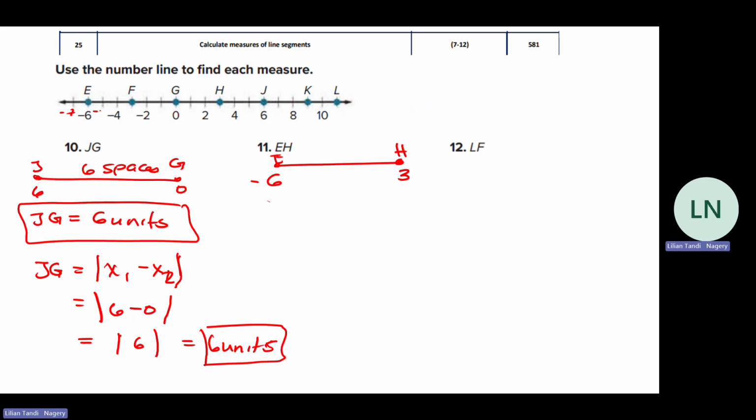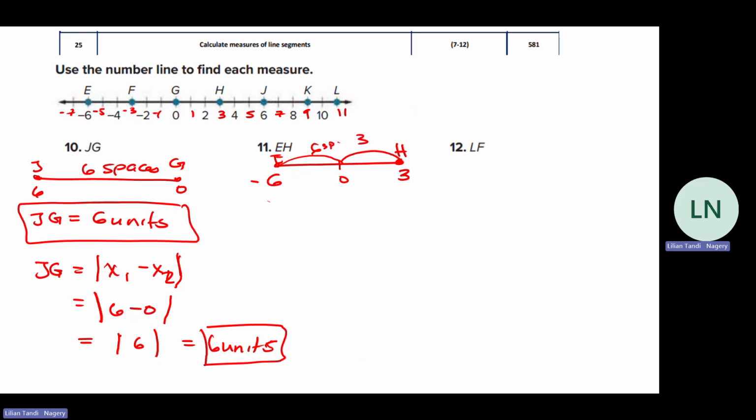Negative 7, negative 5, negative 3, negative 1, positive 1, 3, 5, 7, 9, 11. Okay? 0 is somewhere here. So from this to this is 6 units. This to this is 3 units.